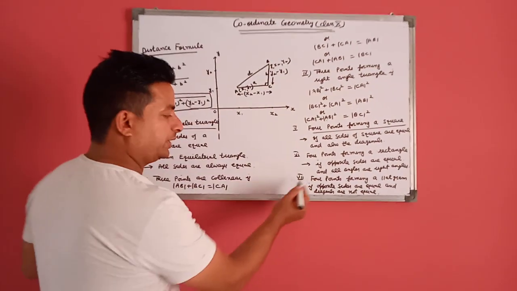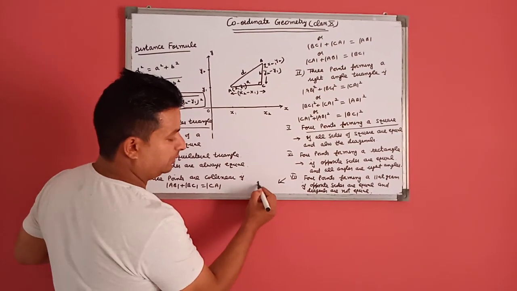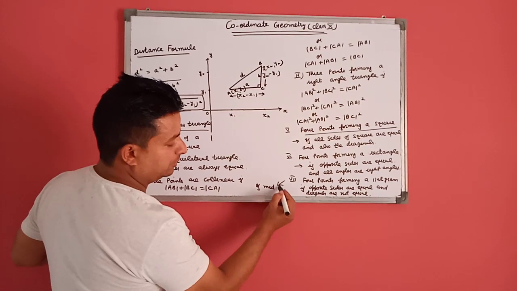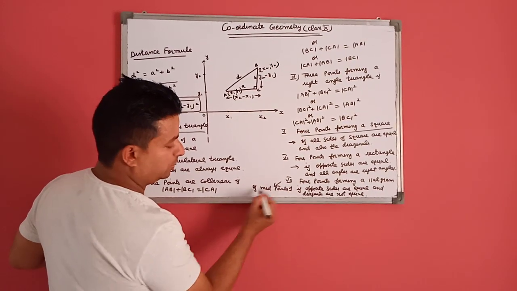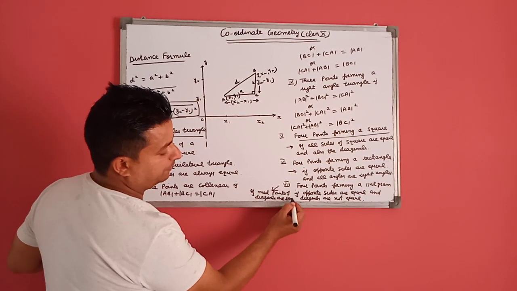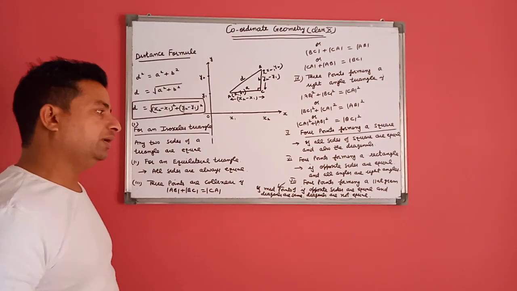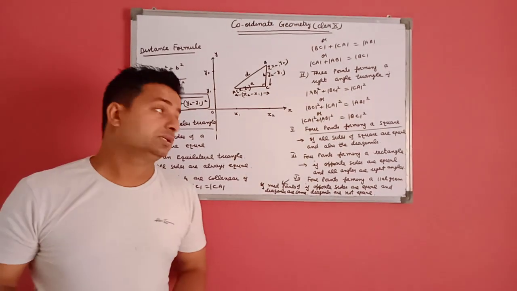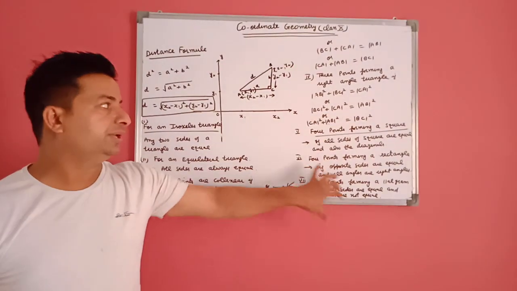There is another point in this case: if the midpoints of the diagonals are the same, then it is forming a parallelogram. These are some points, okay, you should remember.